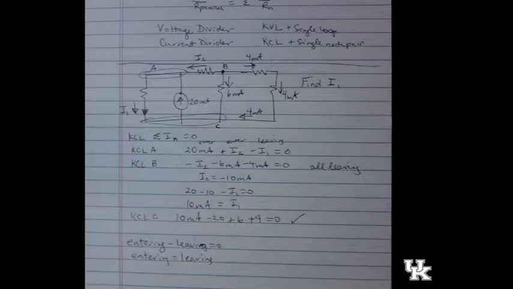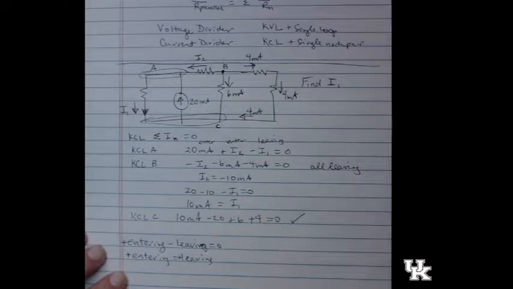So I could have put all the entering ones on one side of the equal sign with positive signs, and all the leaving ones on the other side. I'm going to belabor this and put a plus in front of both of these, so we treat them both as positive: entering equals leaving.